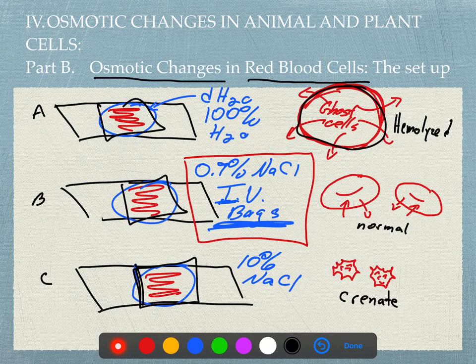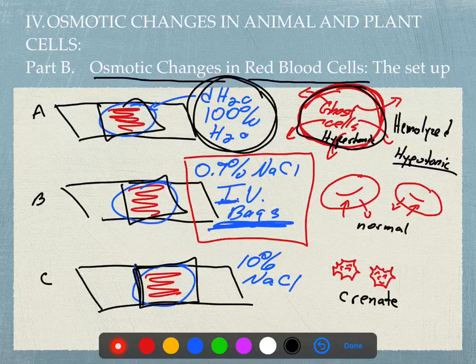All right, let's go over our tonicity terms. If the cell is bloated, like in this case, then the cell must be hypertonic, and that means that the solution must be hypotonic. So I want you to remember that 100% water is always hypotonic.